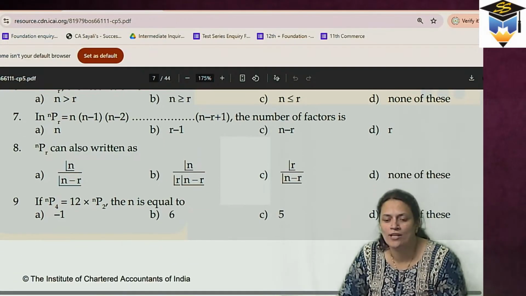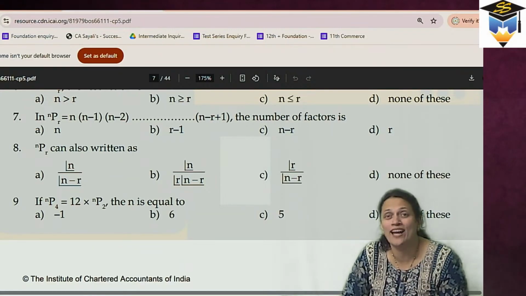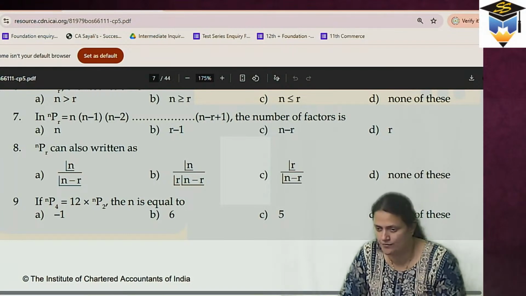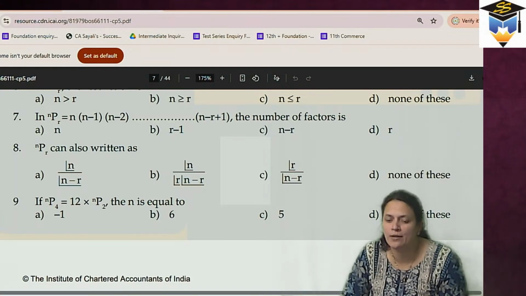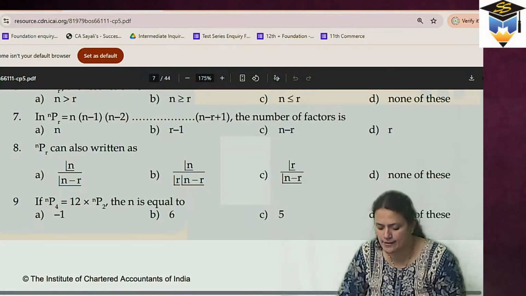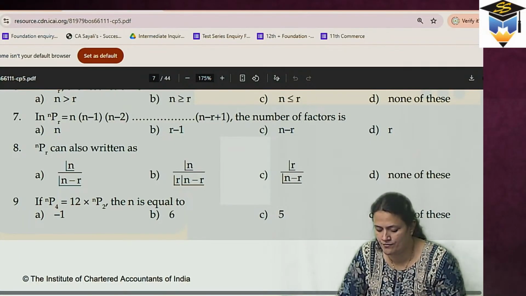Now question 7, nPr is equal to n, n minus 1, n minus 2, and so on, up to n minus r plus 1. So find out how many factors there will be. What is the answer? Tell me the answer for this question.